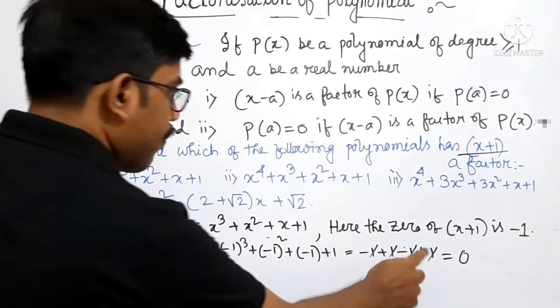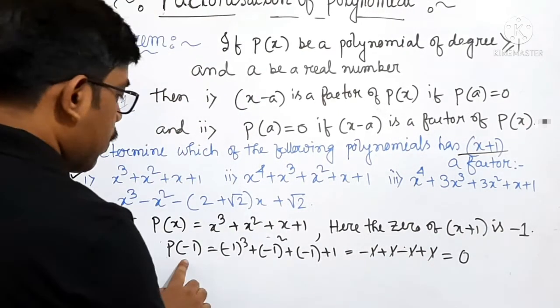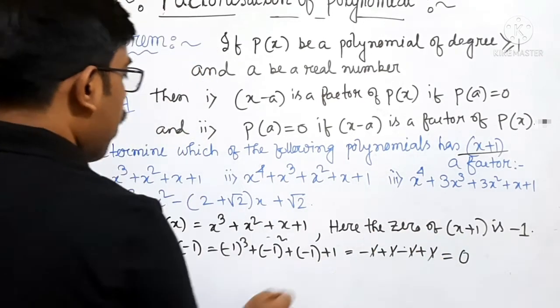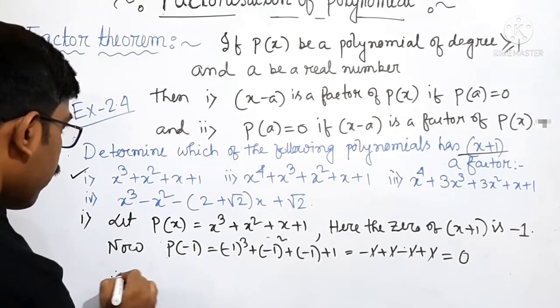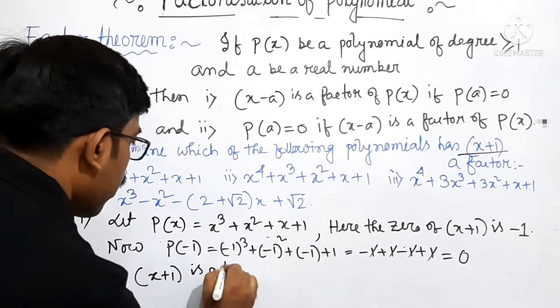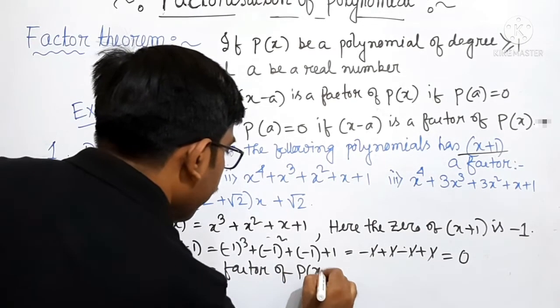Therefore obviously here P(a) means P of minus 1 is equal to 0. Then obviously x plus 1 is a factor of that polynomial. Okay, therefore x plus 1 is a factor of P(x).